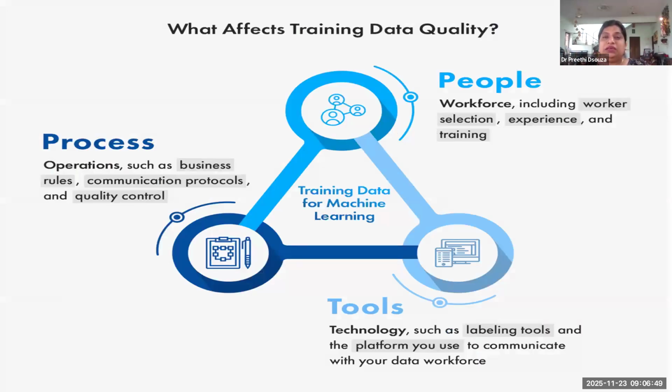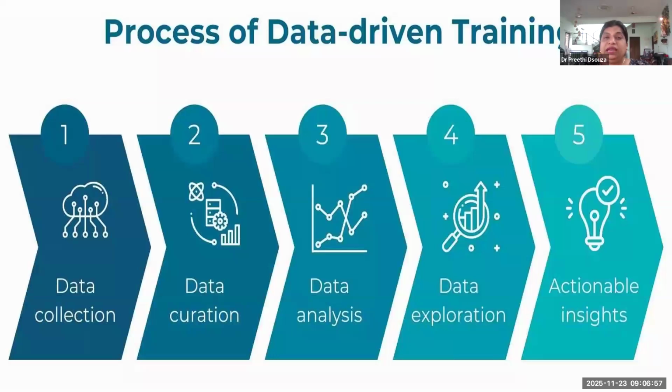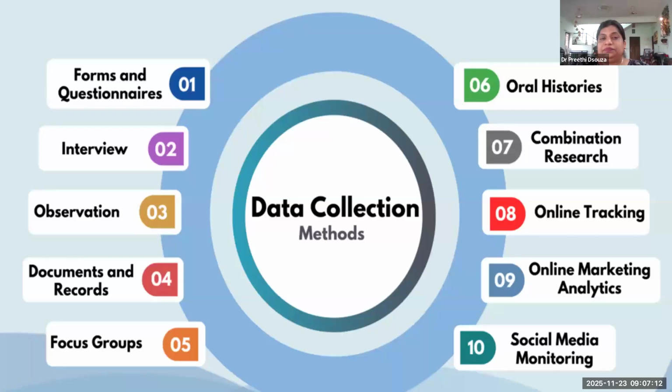Here you could see people, processes, tools, and this is how the churning of data would happen and data comes to you. With data in your hand, what do you do? Data collection we have already done, and data curation. Today, data analysis, data exploration, and presenting the data.